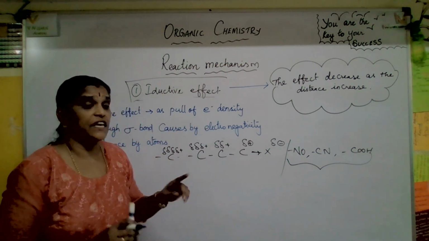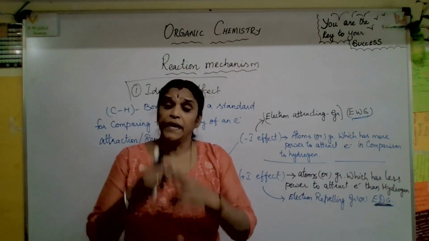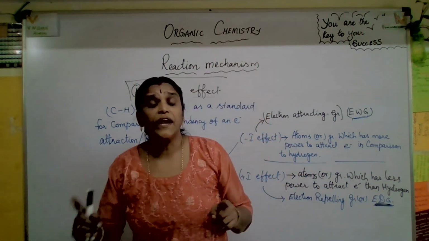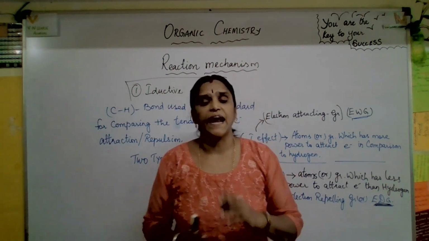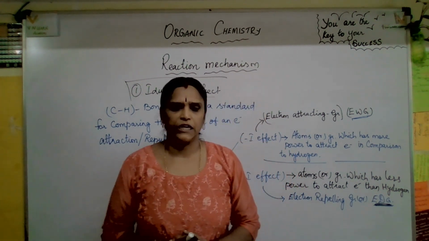Now we are going to see the different types of inductive effect. Inductive effect means shifting of electrons and electronegativity difference among the atoms. These are the two points to be noted when we are talking about inductive effect.